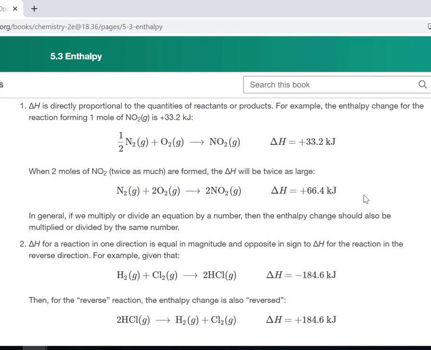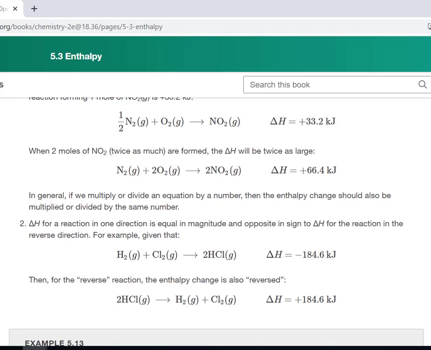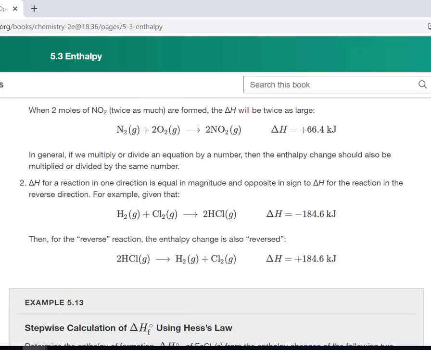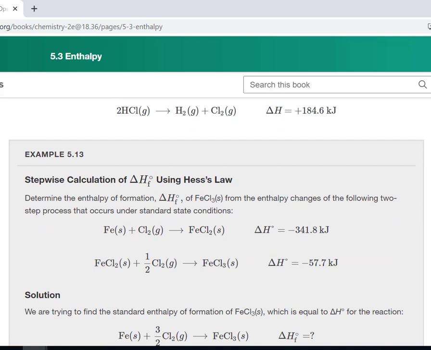Also, we can flip it around. If we want the reverse reaction, if we're given one thing and want to add the reverse of it, we flip it around and change the sign of the delta H. Again, we talked about both of these things in the previous video, but just to clarify that as we move forward.